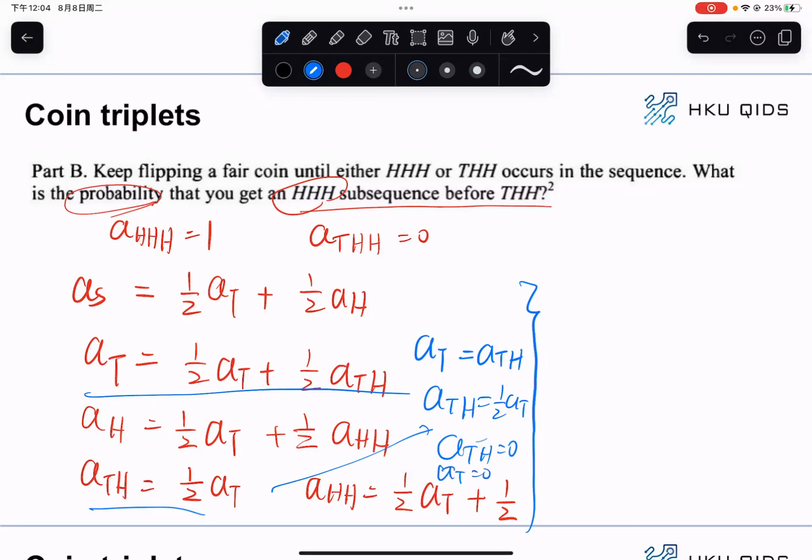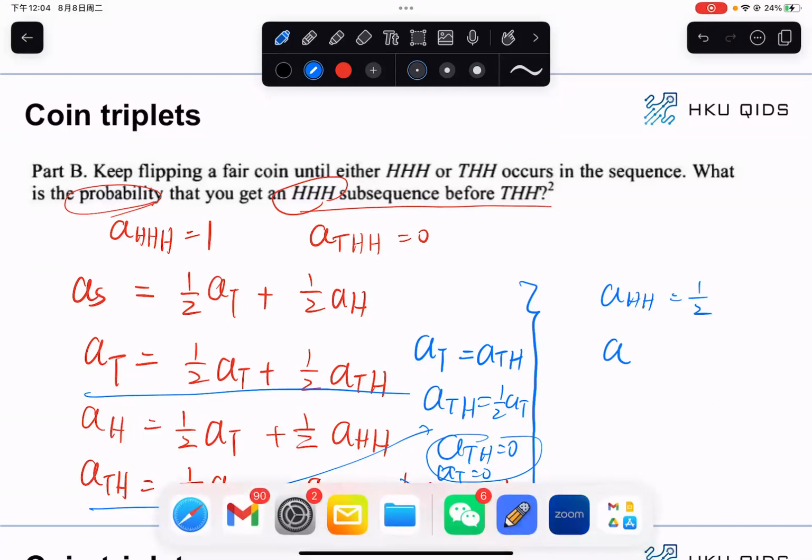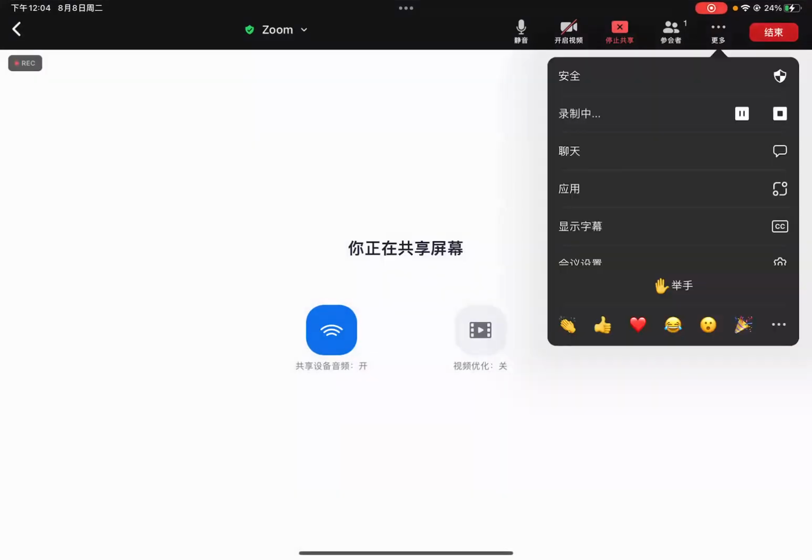Do not panic, okay? So this is quite common, okay? It could be 0. And once we have both is 0, we can have what? We can have AHH equal to 1 over 2. Sorry for that.